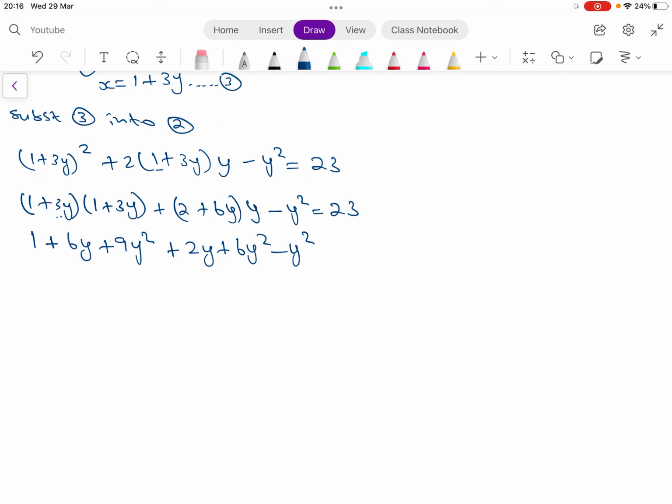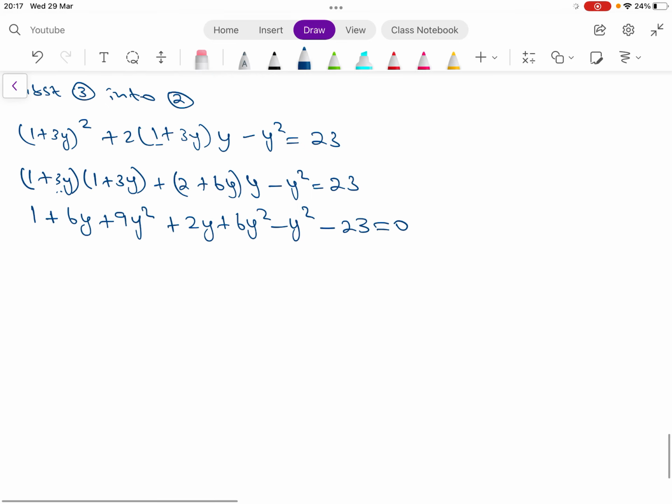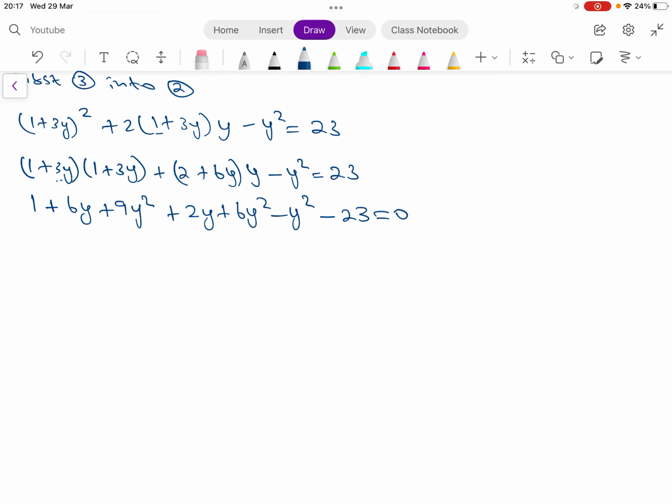Taking this 23 to the left hand side, it becomes negative 23. Now we just need to add the like terms. 9y squared plus 6y squared minus y squared: 9 plus 6 is 15, 15 minus 1 is 14y squared.